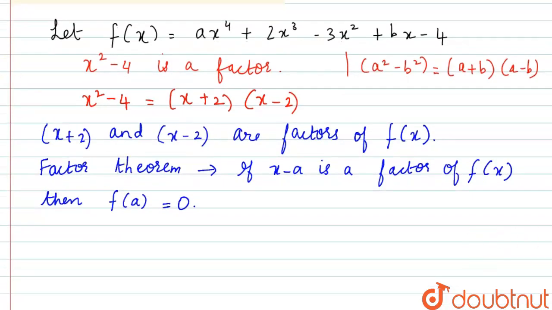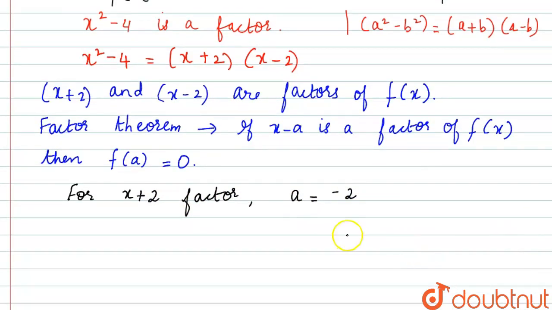So now using it for the first factor, that is for x plus 2 factor, we can write, if we compare x minus a with x plus 2, then a will be equal to minus 2. So if x minus a is a factor of f of x, then f of a will be equal to 0. Thus from this we can write f of minus 2 will be equal to 0.